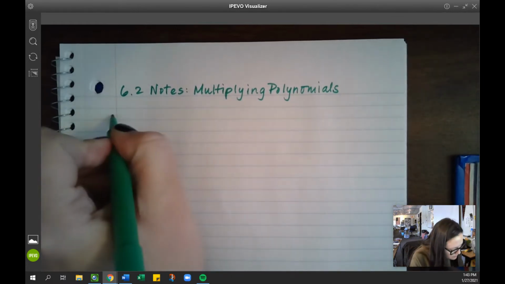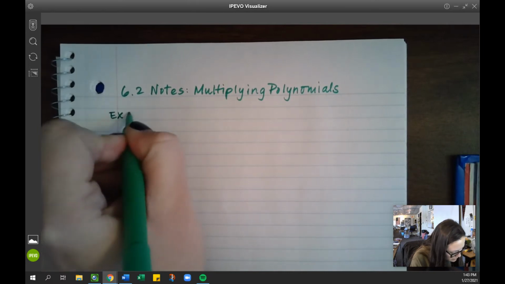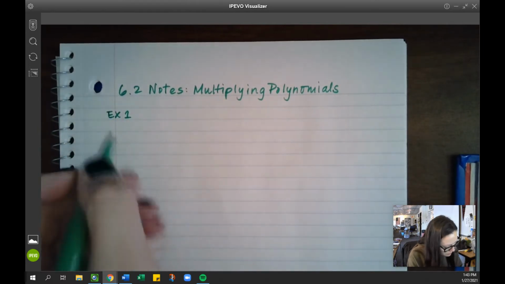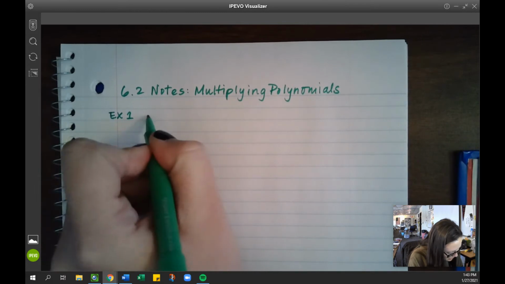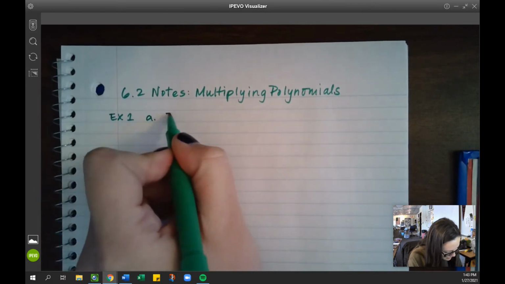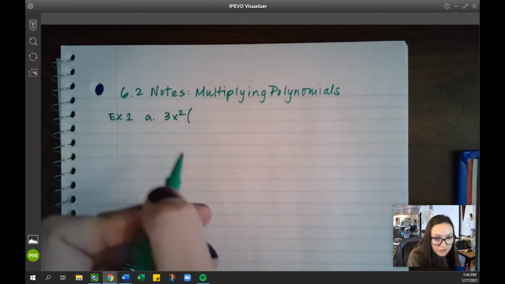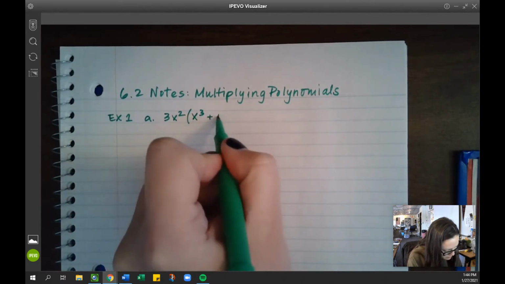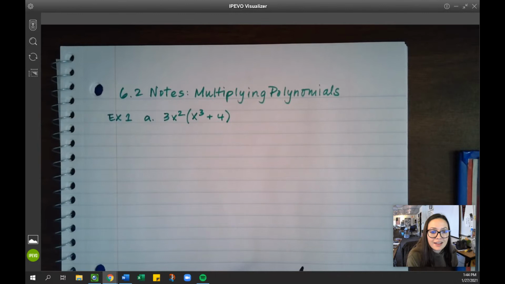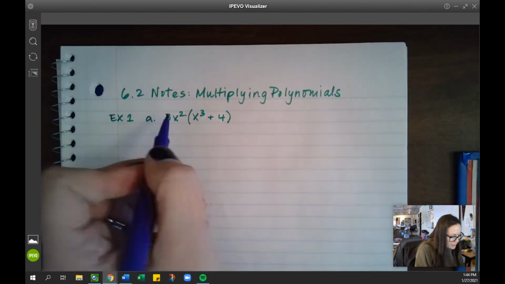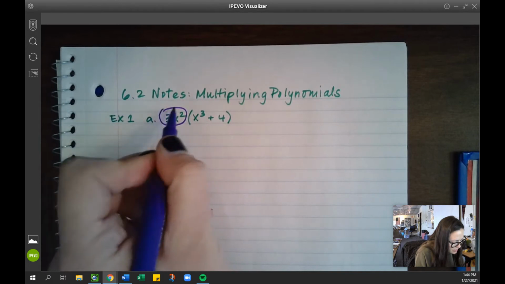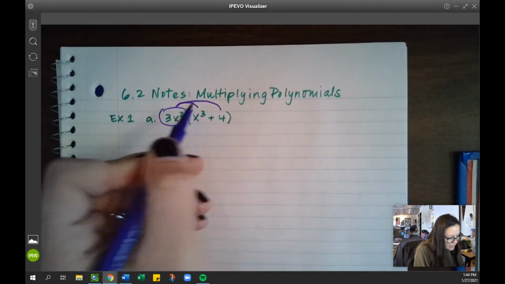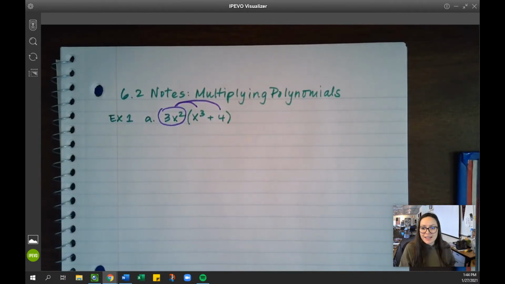So, example 1, A. Let's say I have 3x squared times x cubed plus 4. This is simply a distributing problem. I'm going to take 3x squared and multiply it to both terms inside the parentheses.